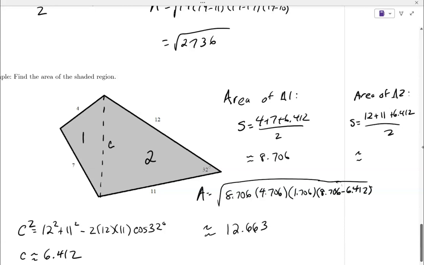32 degrees is close to what value that might be a special one that you know trig functions of? 30, right? Remember, the other formula for the area is 1/2 ab sine of gamma, right? 1/2 the product of the sides times the sine of the included angle. What's the sine of 30 degrees?